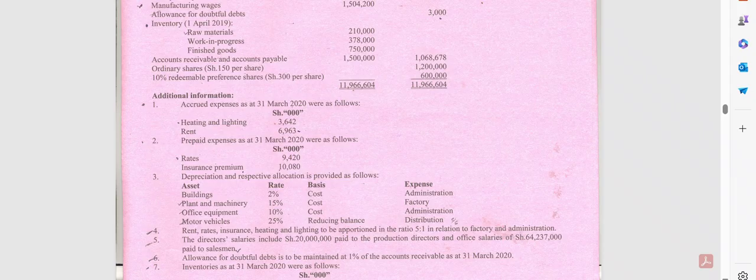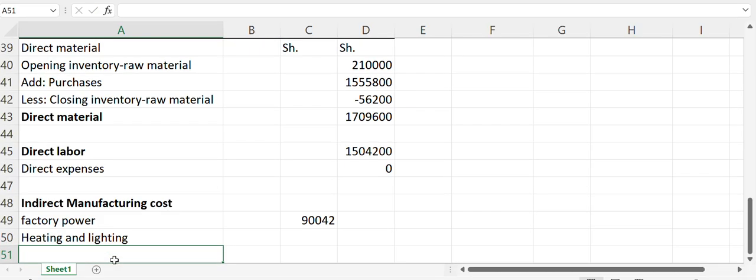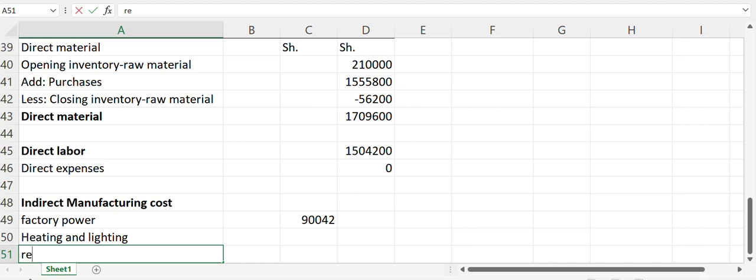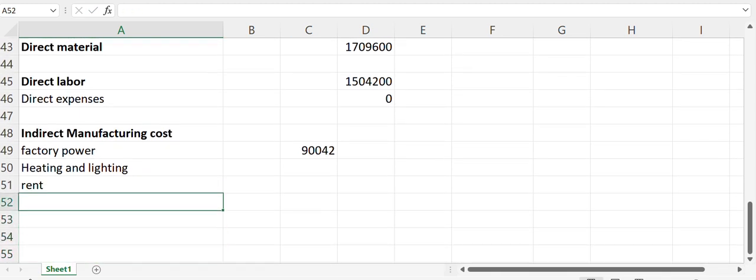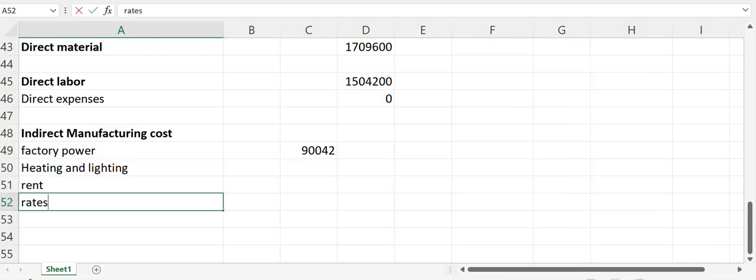So heating and lighting, let me write them. We have heating and lighting. The other one was rent. The other one was rates. Then we have insurance.